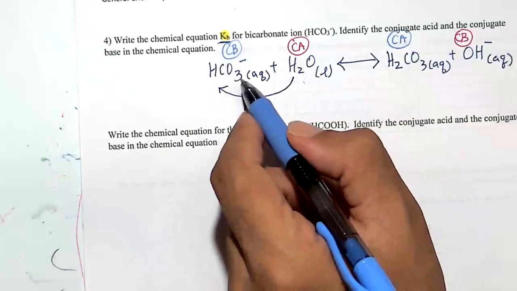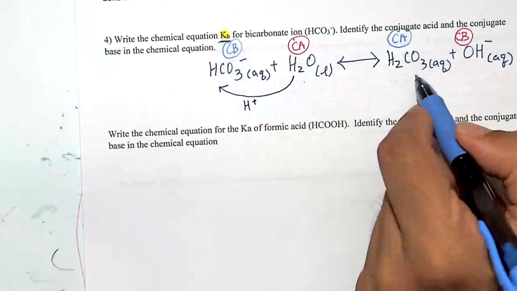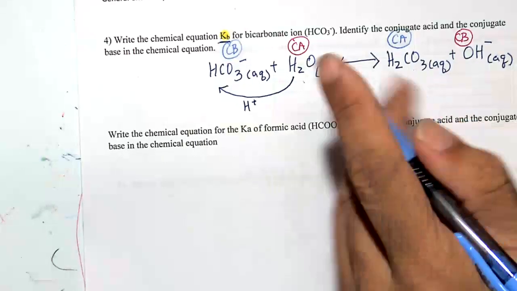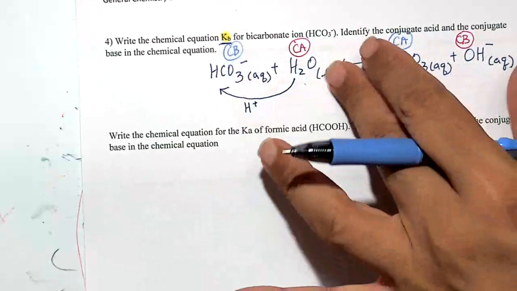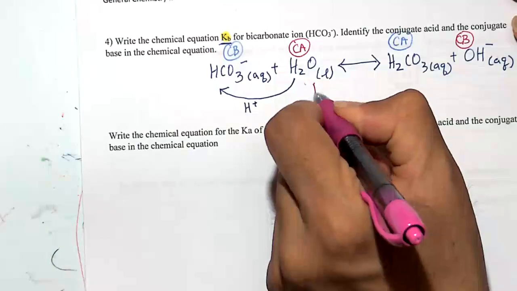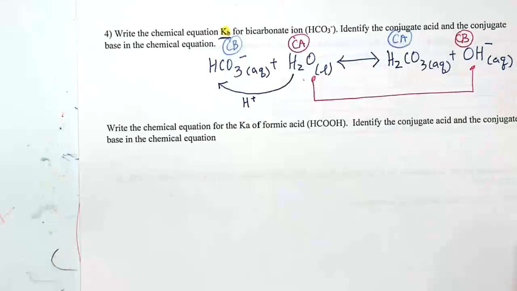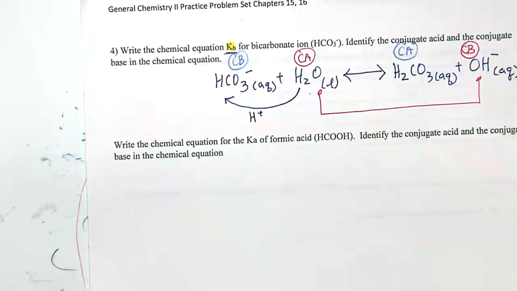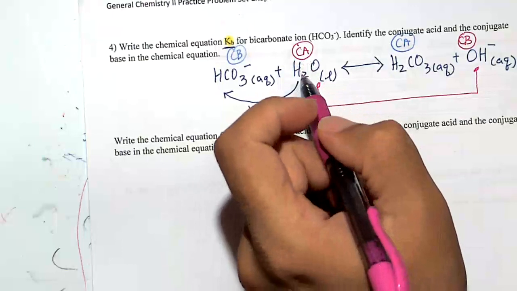HCO3 minus took the proton. So if you take a proton, it becomes the base, and it becomes the acid. Okay. So these are pairs. Okay, these are pairs too. Yeah, do it like this.